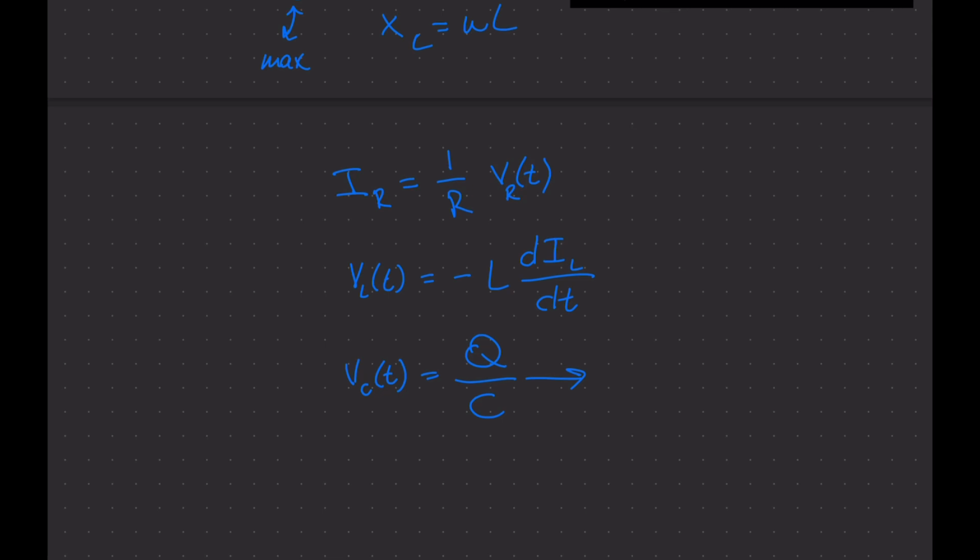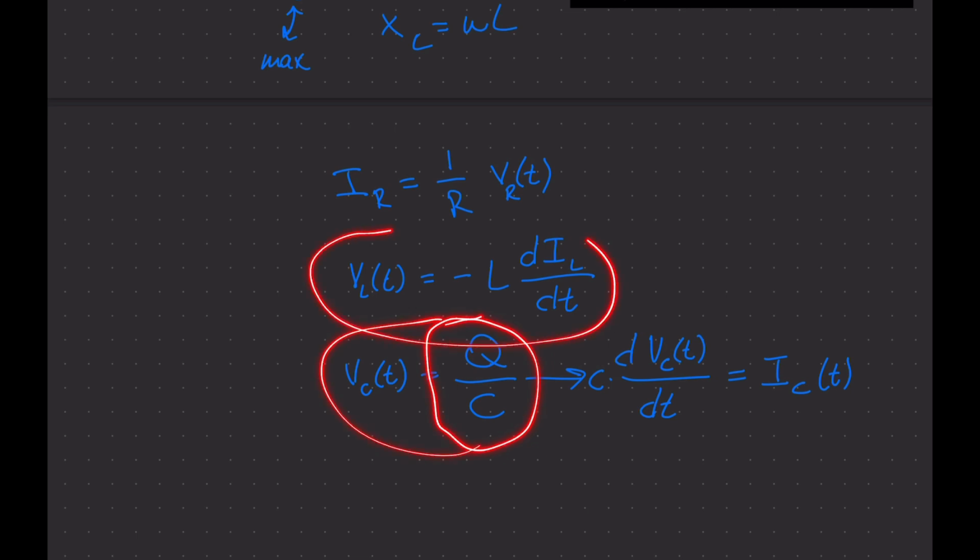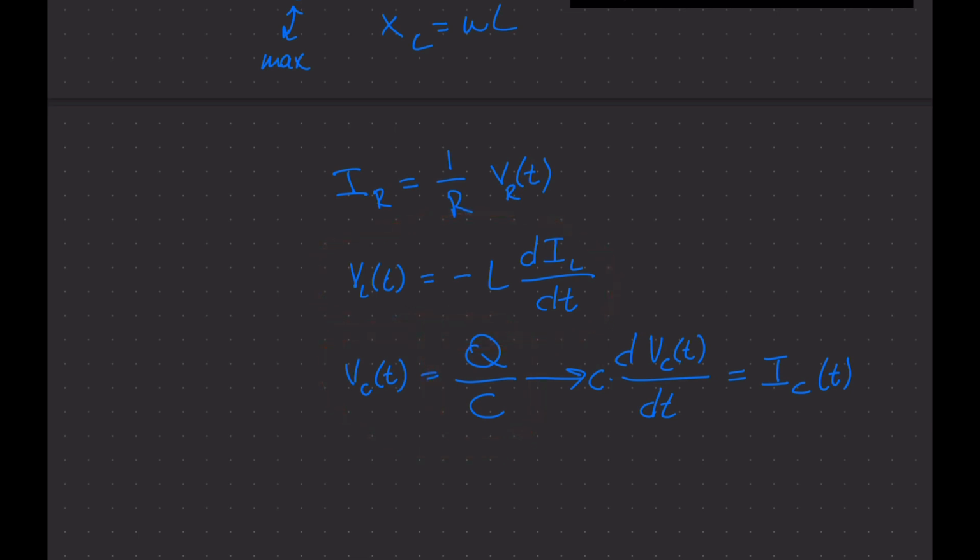So you get the derivative of the voltage on the capacitor with respect to time. And if you multiply this whole thing by C, this gives you the current on the capacitor as a function of time. So keep in mind these equations. This we got from Q equals CV, and this we got from the first equation sheet in that inductance section.